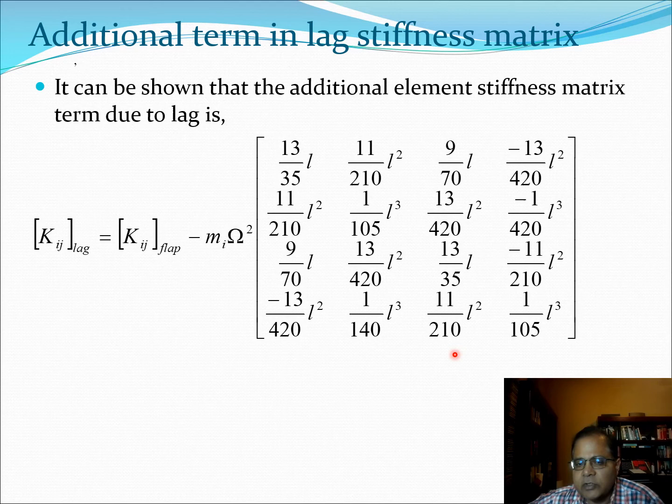Now this matrix can be immediately calculated the moment we know L, and L is the length of the element you are dealing with. So you can very easily calculate that, but you need to keep in mind that this extra term is going to be present whenever we are calculating the stiffness matrix due to lag, and that's a difference between the flap and the lag problem.